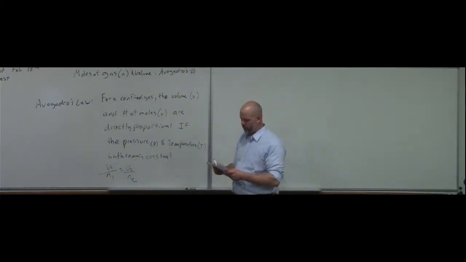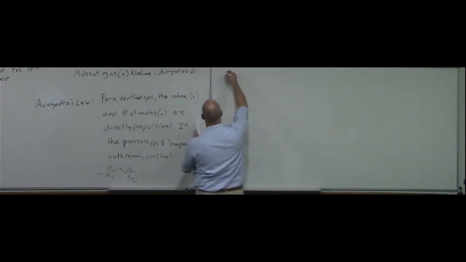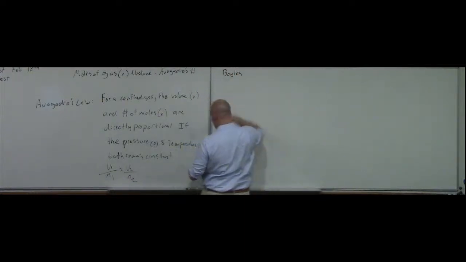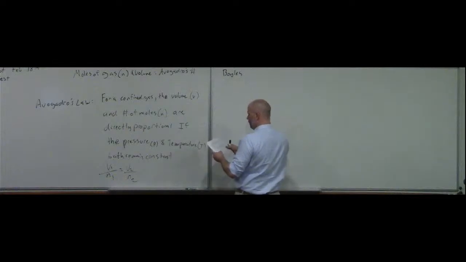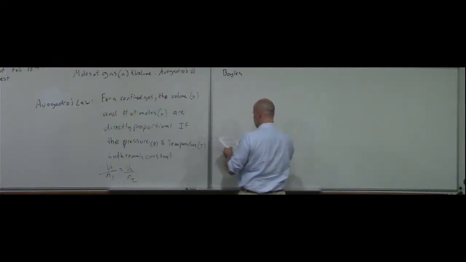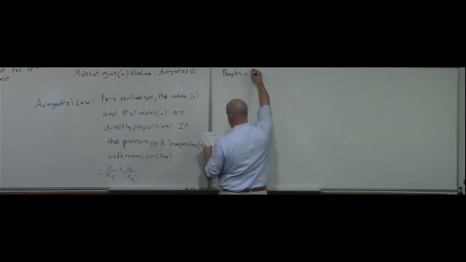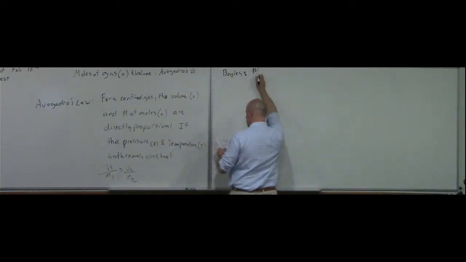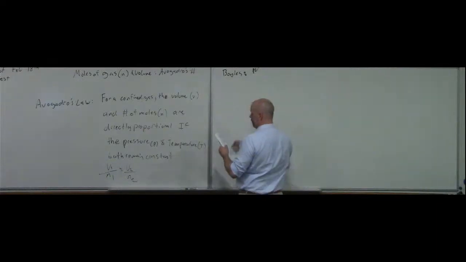At this point, 4 separate laws have been discussed that relate pressure, volume, temperature, and the number of moles of gas, right? So Boyle's law has pressure and volume at a constant temperature and number of moles.